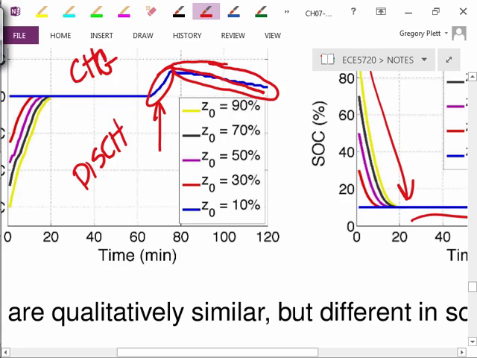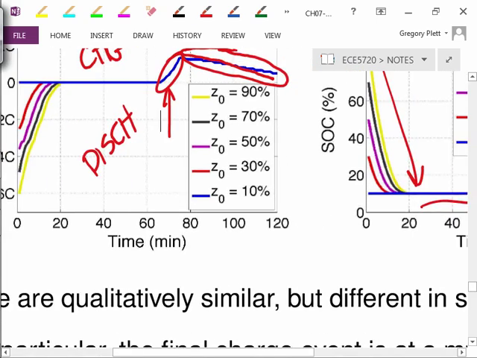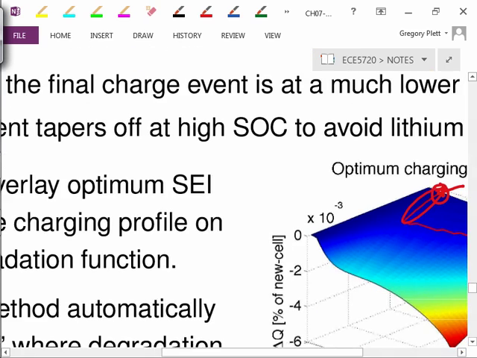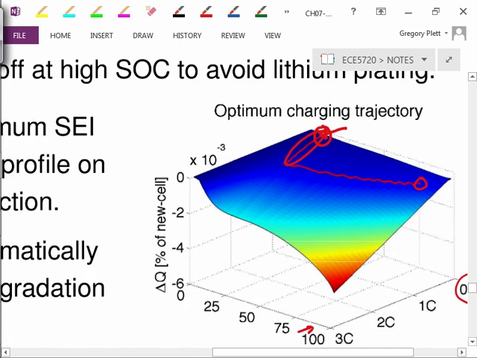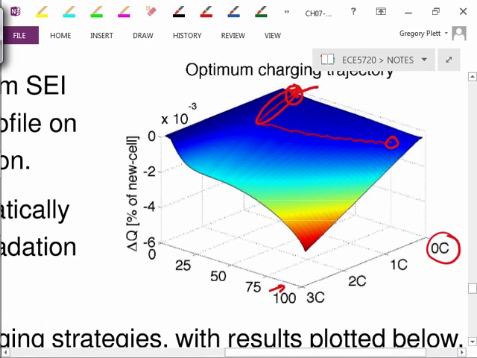I go from 0C up to close to a 2C rate, and what that is doing is bringing me right to the edge of this cliff.